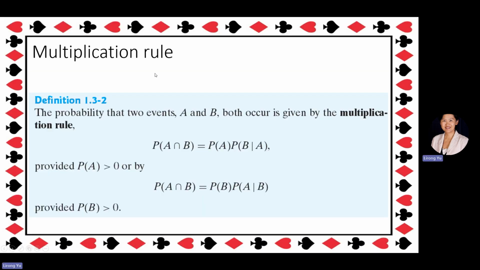Okay, now that we have conditional probability, we're ready to talk about multiplication. If you have taken probability or read a probability book before, the addition rule and multiplication rule are two of the most famous rules for probability. In a sense, the addition rule allows us to formulate logic for calculating probability of A or B. Now, the multiplication rule allows you to calculate probability of A and B, assuming direct calculation is not possible.